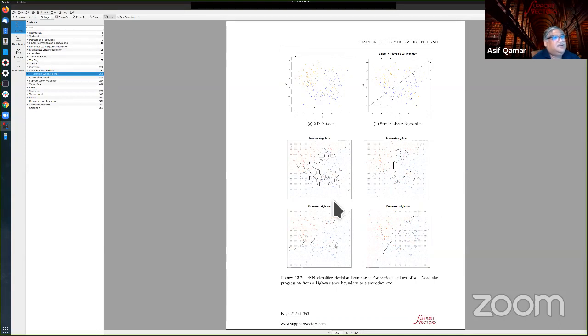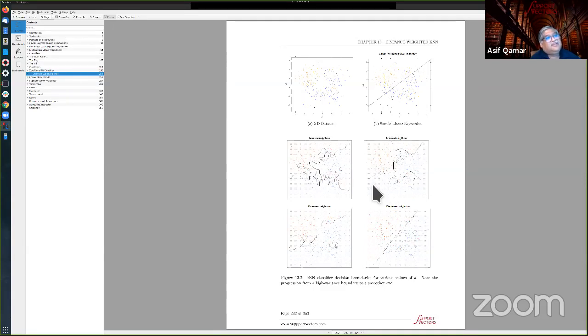I wrote code to generate it. So in this situation, you have all these points and you have this k nearest neighbor decision boundary. You see all these islands and peninsulas and backwaters and whatnot. If you treat blue as the sea and orange as the land, you see all sorts of geographical features.